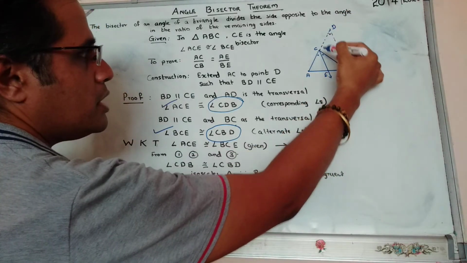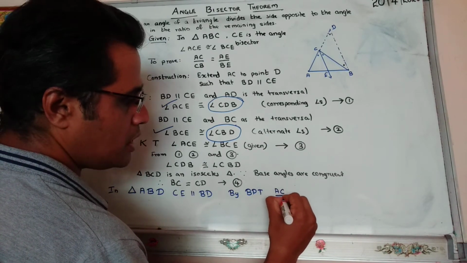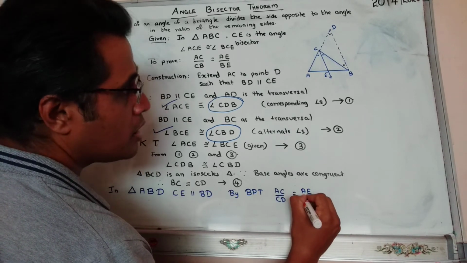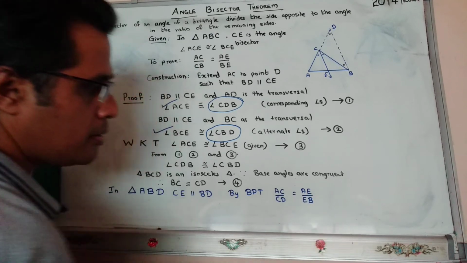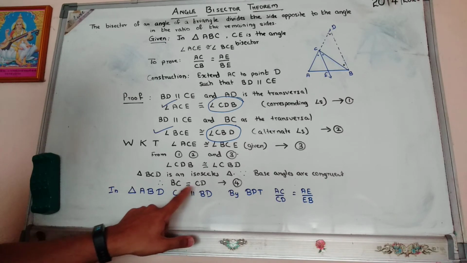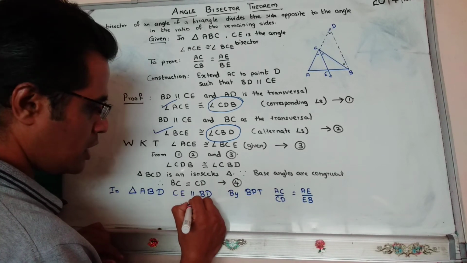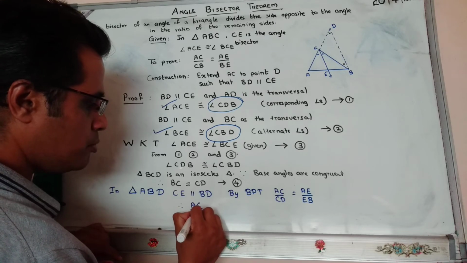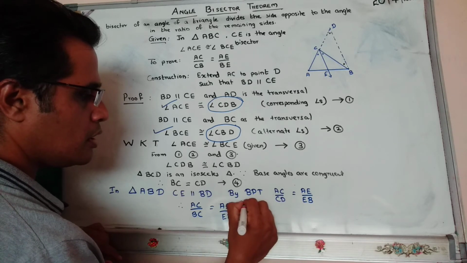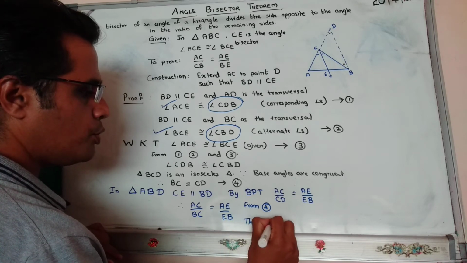In this whole triangle ABD, CE parallel to BD, I am going to get AC upon CD equal to AE upon EB. But I already know that CD is equal to BC. I have proved it in equation number 4. So it becomes AC upon BC is equal to AE upon EB, from 4. Thus proved.